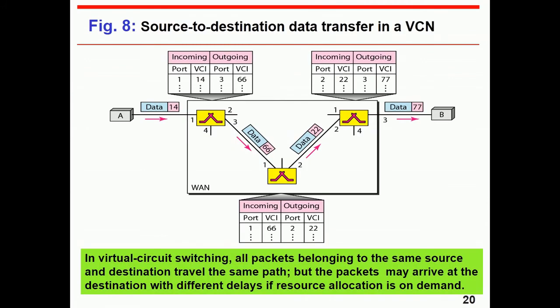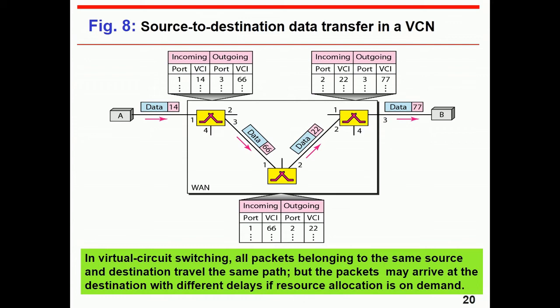Source to destination data transfer in a virtual circuit network. In virtual circuit switching, all packets belonging to the same source and destination travel the same path, but the packets may arrive at the destination with different delays if the resource allocation is on demand.